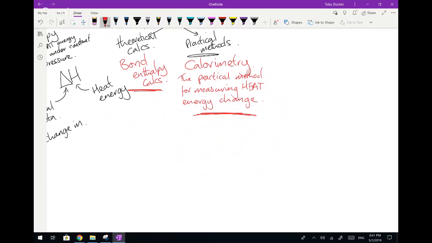So if we do calcs versus prac, we all know that the enthalpy change measured on the calculation side would always be greater than the enthalpy change on the practical side.